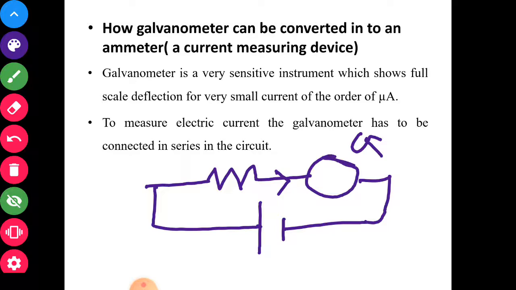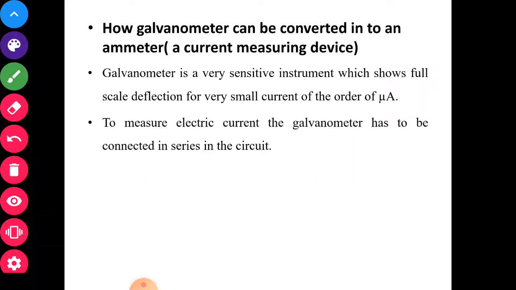When current of even a microampere passes through this galvanometer, the full scale deflection is seen, and there are chances that the galvanometer may be damaged. So some modifications must be done in the galvanometer.